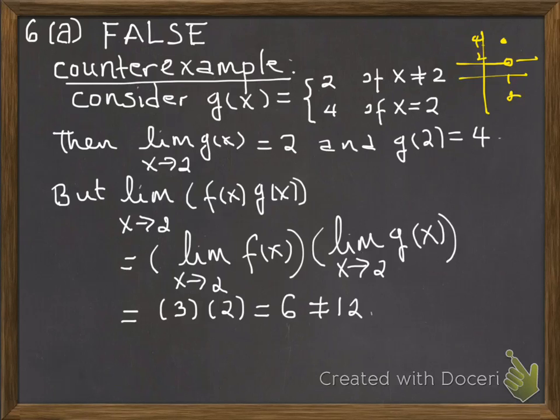So when you split the limit, we don't get 12. We get a different answer. Because of this, this is a counter example. Again, a counter example means an example which satisfies the if condition, but does not satisfy the then part of the statement, basically. Okay, so this is one counter example.